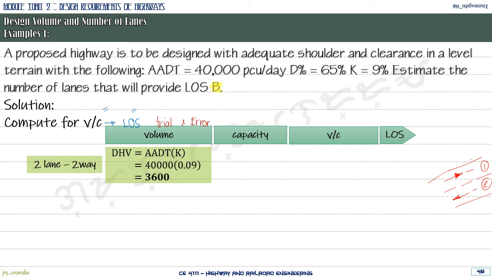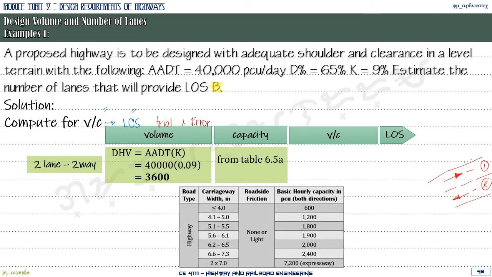Okay, and for our capacity, we'll now take this from table 6.5. And what we will use now is the maximum value for your capacity, which is 2,400. Why are we using the maximum value? Because using the smaller values here will result to a higher volume capacity ratio.